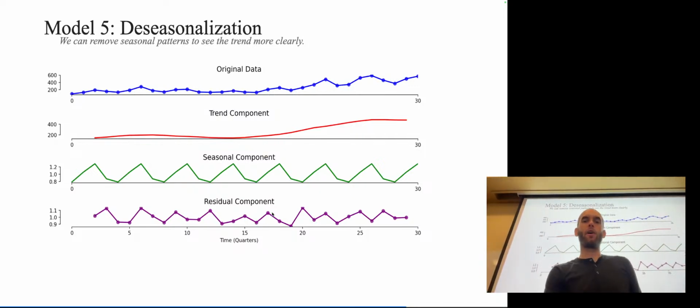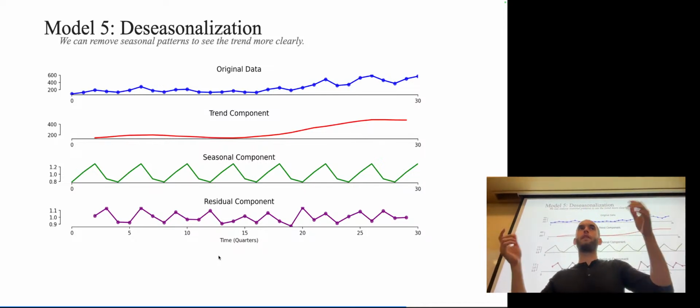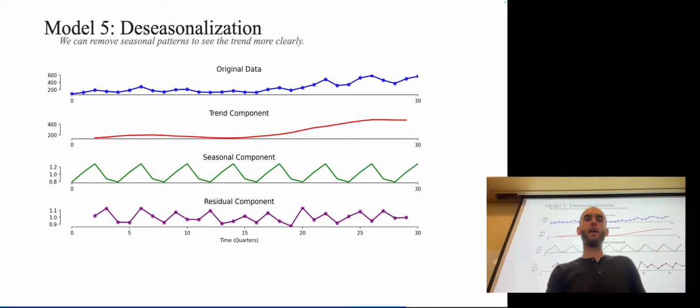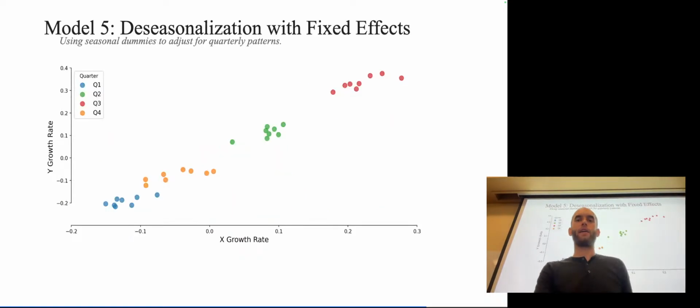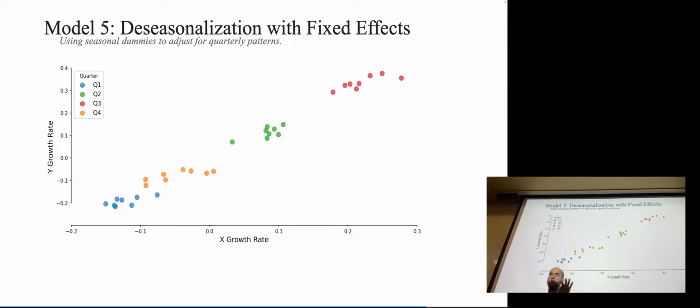And then we also have our residual component, which is just the error, like the sampling error. And these three components make up the original data. So we can just add these together to get our original data. And I'm going to try to convince you in 1 or 2 slides that this is actually something worth doing.